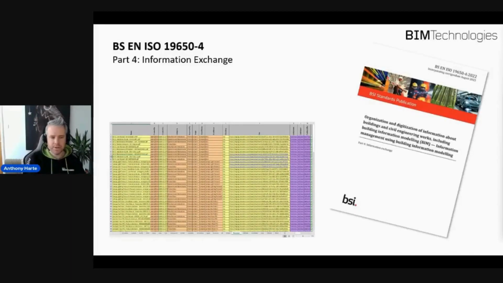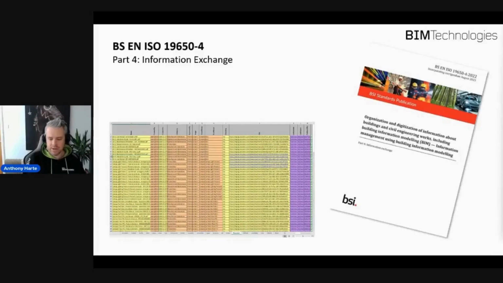So that's what the schema is that we refer to, and it's nothing more than a database really of the non-graphical data that can sit alongside the model, the graphical model, and that contains all the necessary documentation, asset codes and manufacturer's details, and warranty information, etc., in one place.